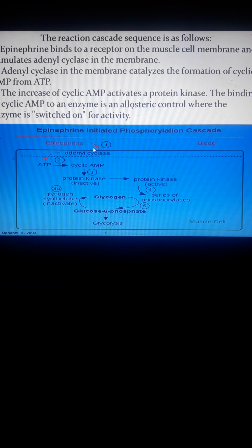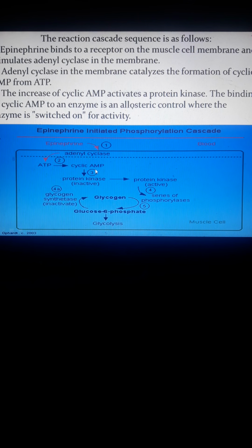In step 1, it binds with the beta receptor, then it will stimulate or activate adenylyl cyclase enzyme. Once adenylyl cyclase enzyme is activated in the membrane, it catalyzes the formation of cyclic adenosine monophosphate from adenosine triphosphate. So, a dephosphorylation process forms adenosine diphosphate, then another dephosphorylation process forms cyclic adenosine monophosphate.